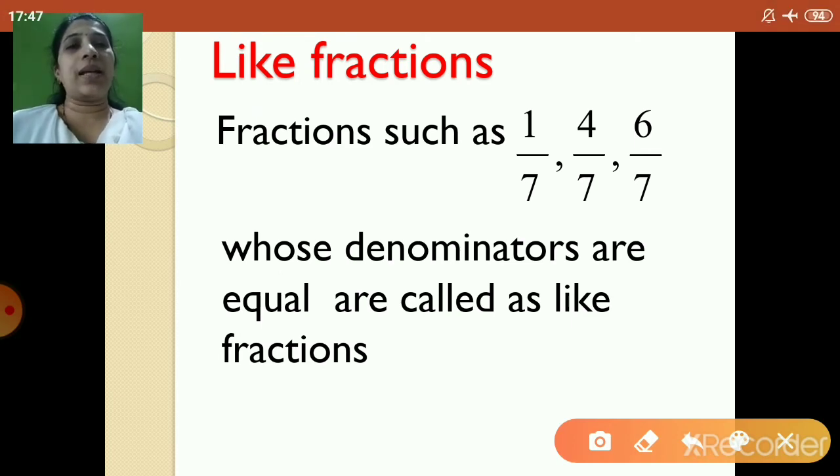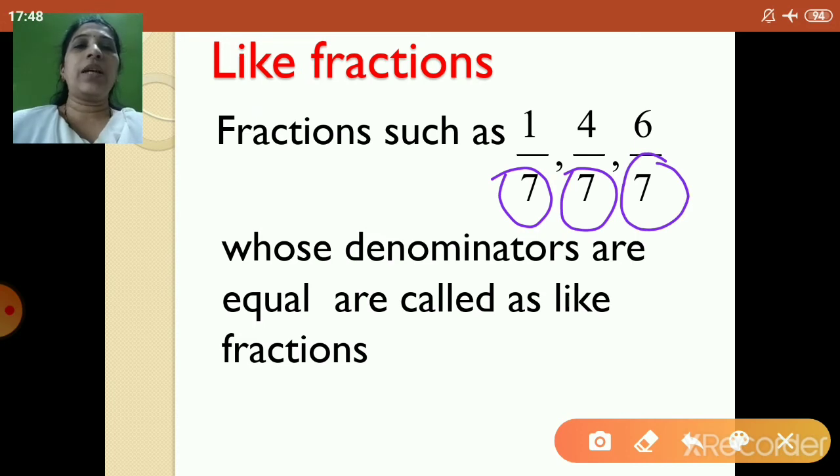You can see here children, 1 upon 7, the denominator is 7. 4 upon 7, again the denominator is 7. And 6 upon 7, the denominator is 7. So all the three fractions have the same denominator 7. That's why they are called like fractions.